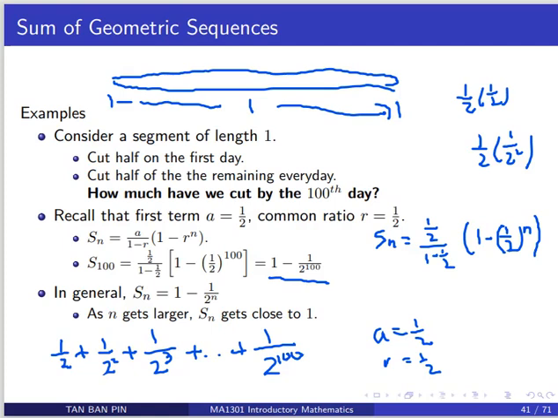So we just get 1 minus 1 over 2 to the power n. You see that this will tend to 1, because 1 over 2 to the power n will tend to 0. 1 divided by 2 to the power something big gives you 1 divided by a big number, a number near 0. And it's correct because you started with a segment of length 1. No matter how many times you cut, the most you get is length 1, the whole segment.